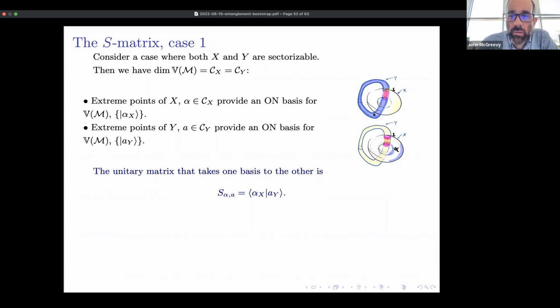The way to think about it, so suppose X is this ball and Y is this solid torus, then I got these backwards. These two pictures are supposed to reverse.